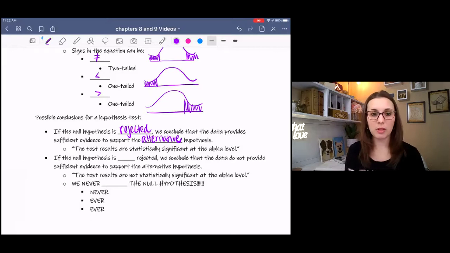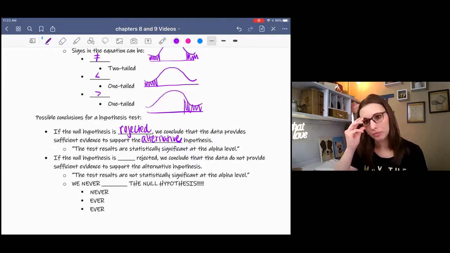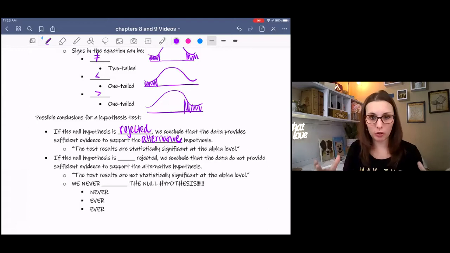Or you might hear something like, the test results are statistically significant at the alpha level. We would be choosing an alpha level, or it would be chosen for you, and that alpha level refers back to the confidence intervals, and we have that Z sub alpha and all that good stuff.